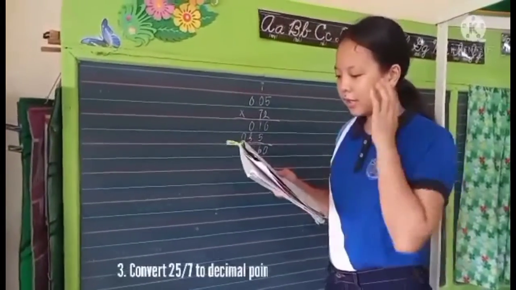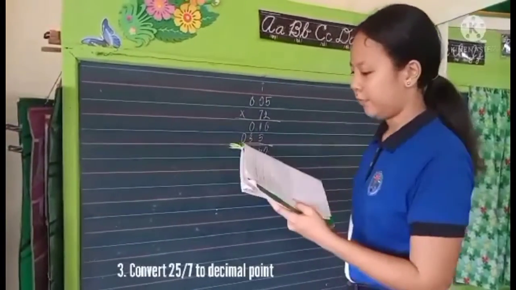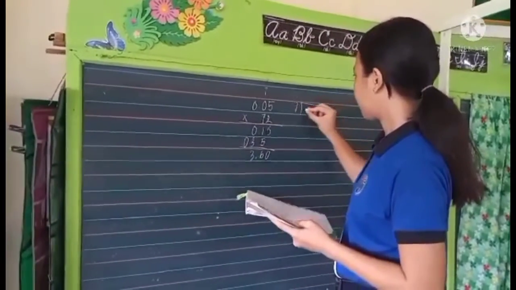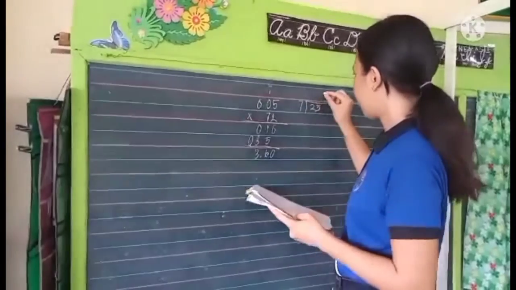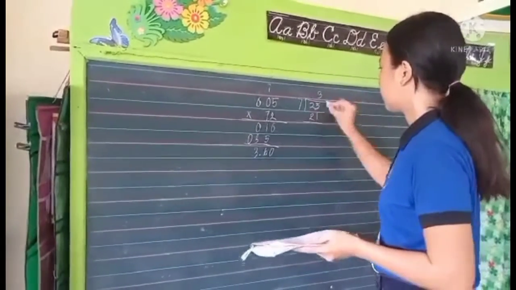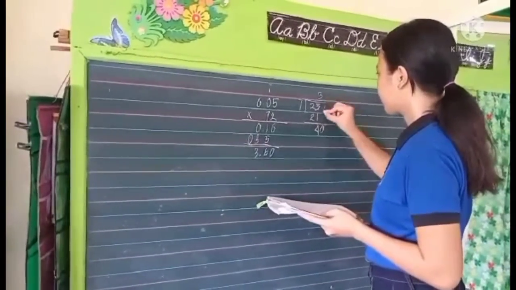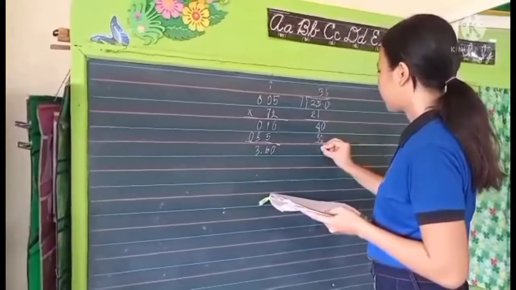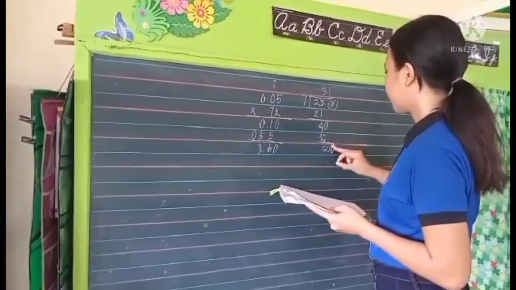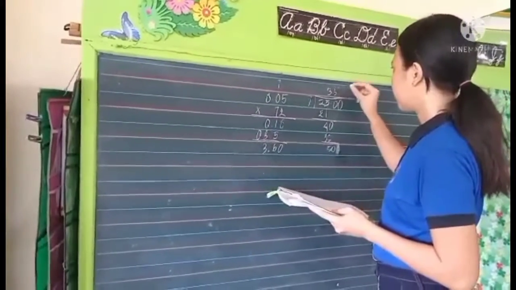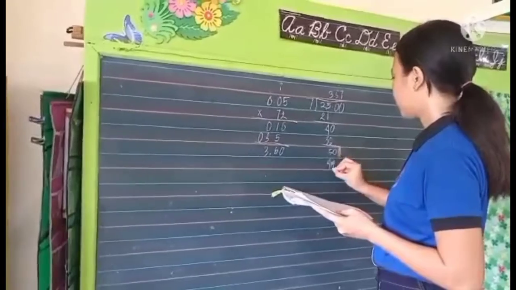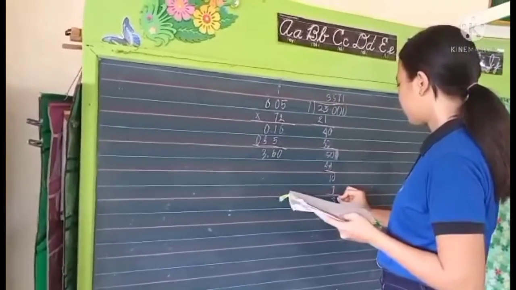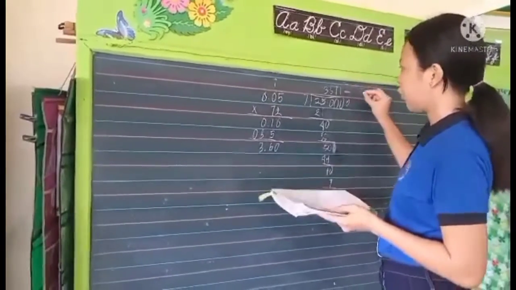Then next, let's get the 25 over 7. And so on.